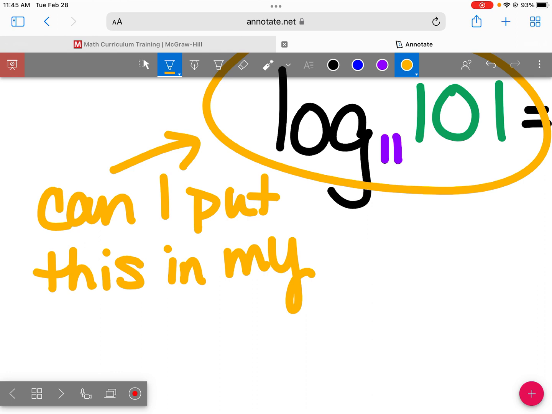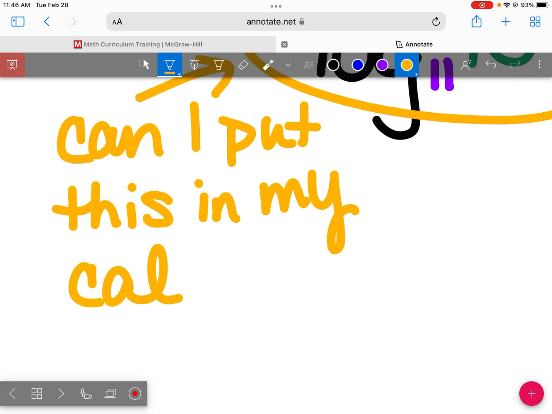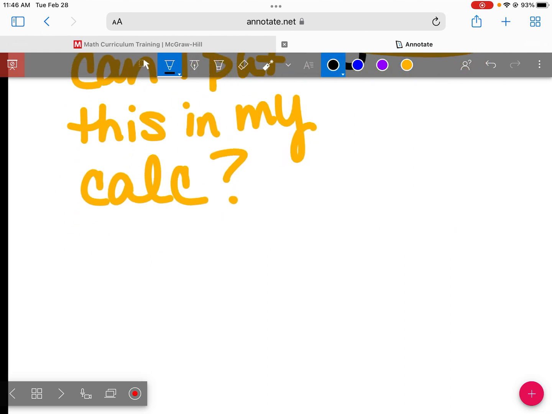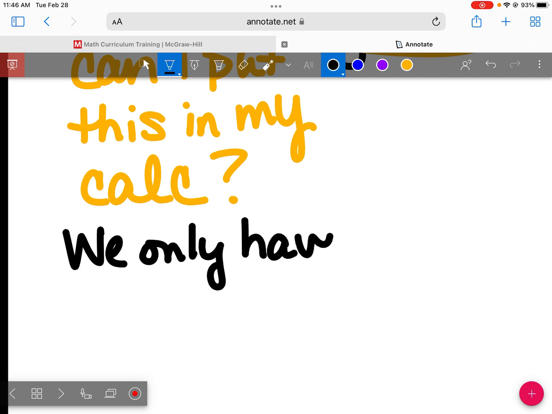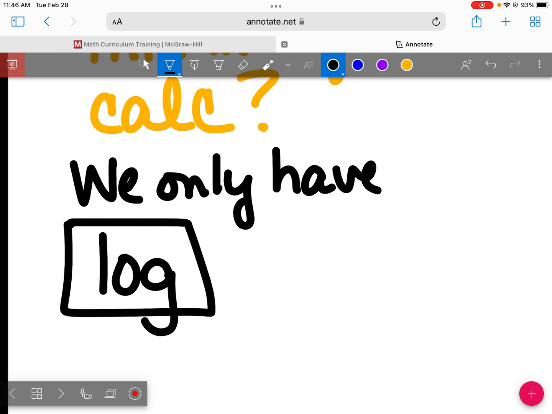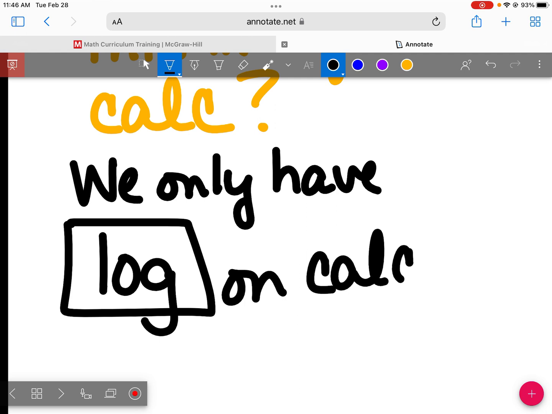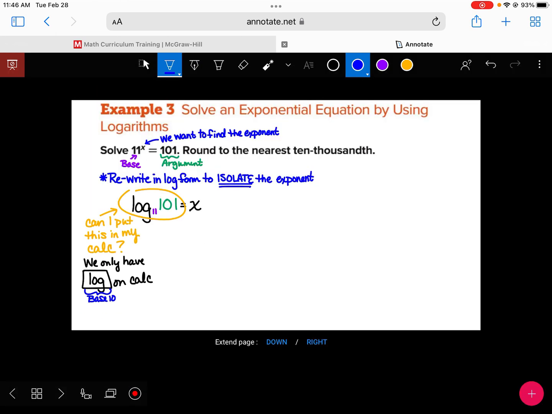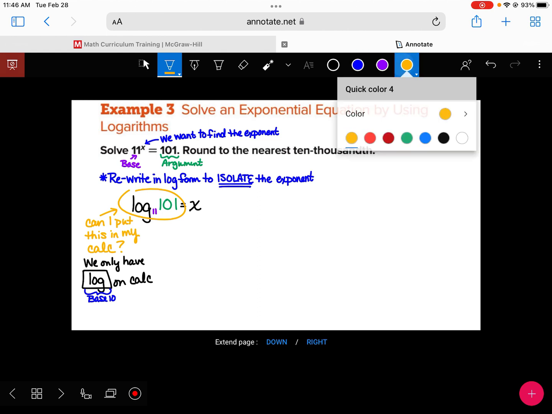What buttons do we have for logs on the calculator? We have only the base 10. Is this log base 10? No. We need a new tool to be able to evaluate this.